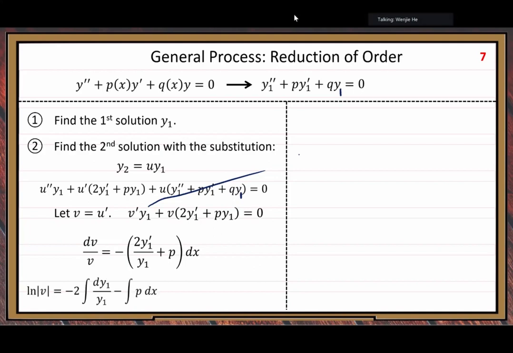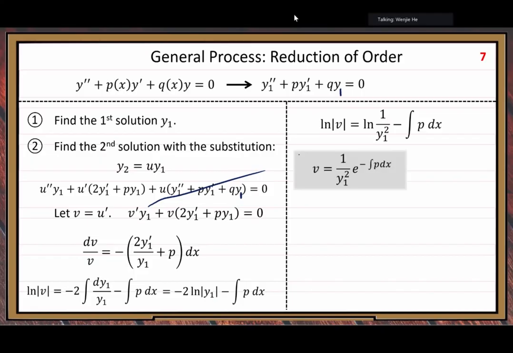Solve it like that. So you can write v in this form. Then u equals the integral of v.